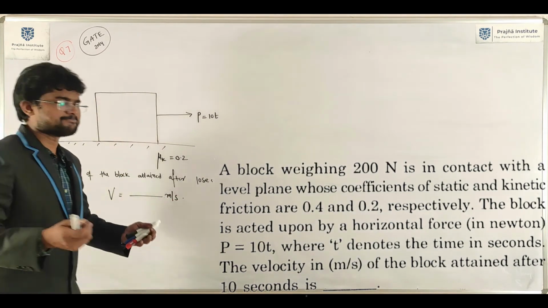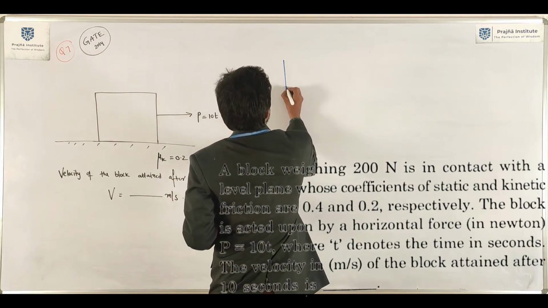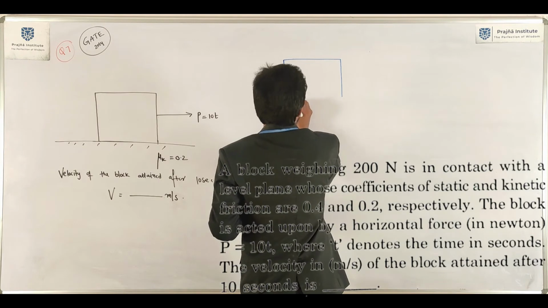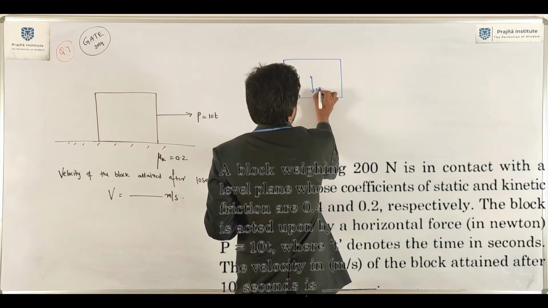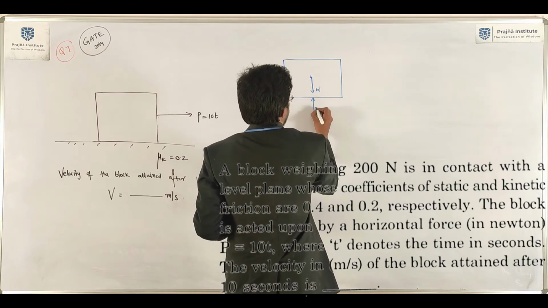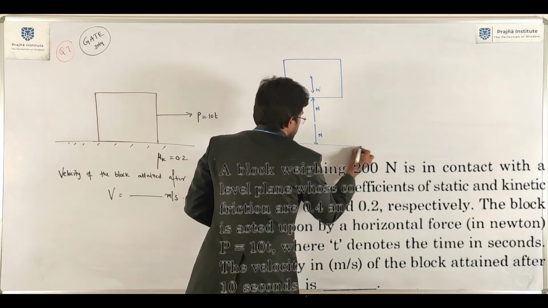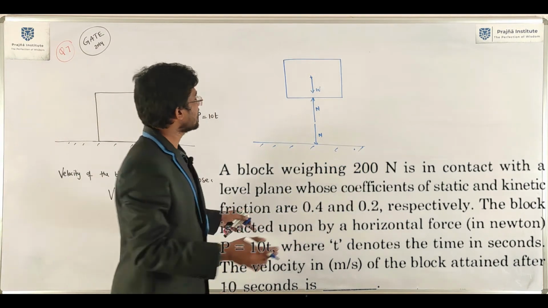Okay, so simple. Just draw the free body diagram for the block. Weight is always in the vertically downward direction. Normal reaction is always perpendicular to the surface. At every contact surface, two normal reactions will be acting, both equal in magnitude, unlike in nature.